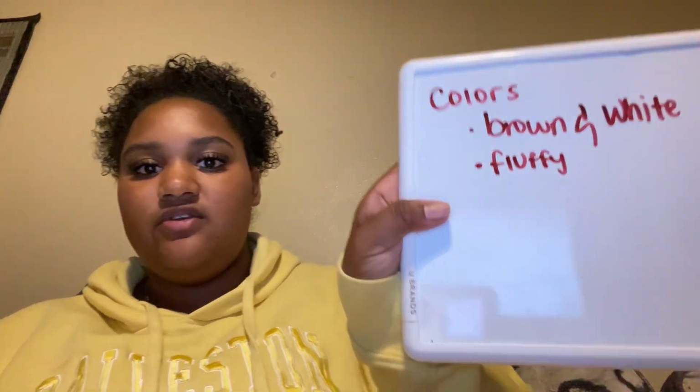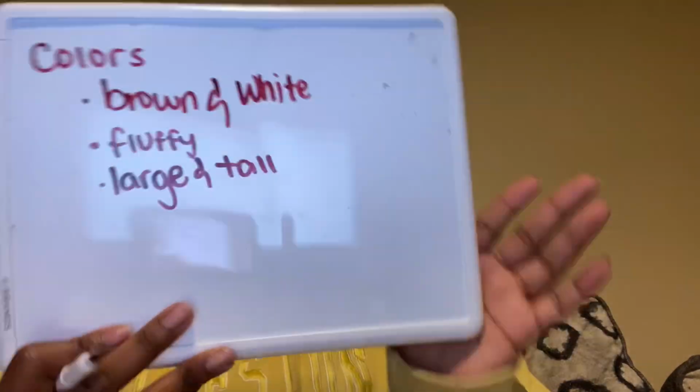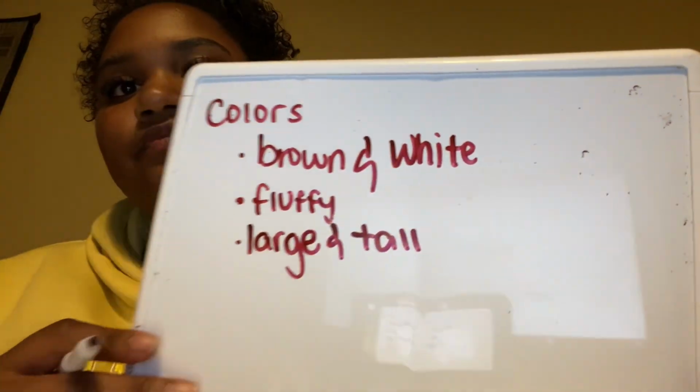Maybe she has fluffy fur. Or we can say that she is large and tall. Maybe I have a large and tall dog. So those are just some adjectives you guys can use. You can use colors. You can use texture or different characteristics to describe what is going on in your story.